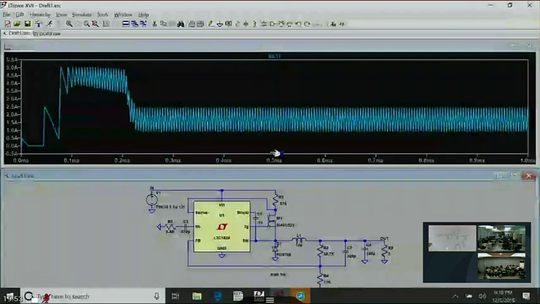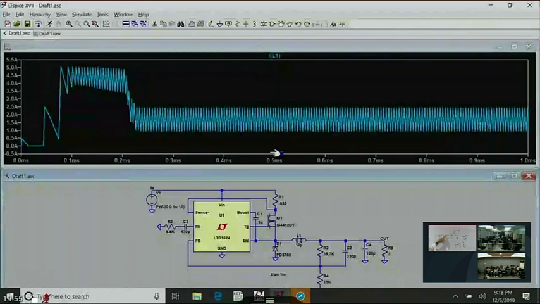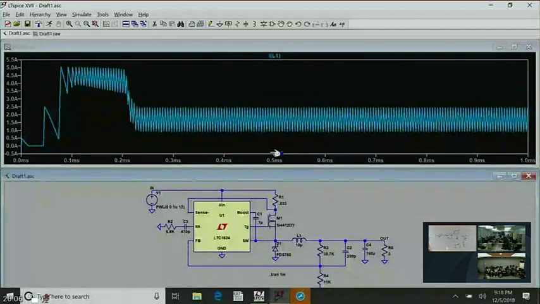When a clock cycle starts, the clock pulse comes in, sets the flop, the output goes true, and this switch is turned on. And then the inductor is connected between the input and the output, and it just sits that way with the flip-flop latched to true. Now, the flip-flop is reset once the inductor current ramps up to a value proportional to the voltage on the output of the error amplifier.